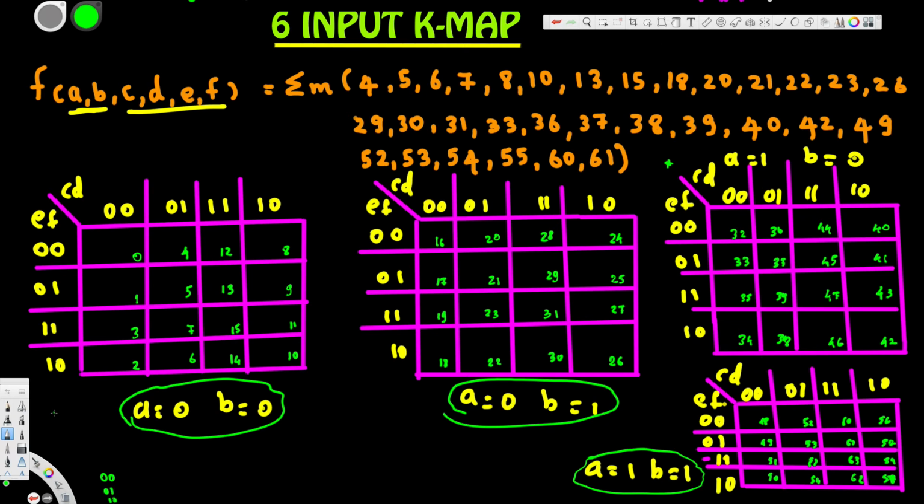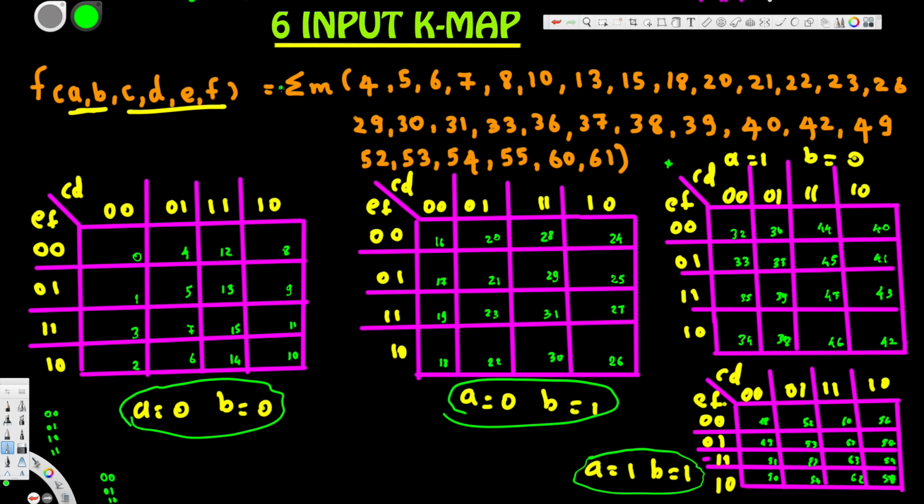Because it goes like 00, 01, 10, 11, so 11 is the biggest number. So we wrote the numbers faster, but it doesn't mean this is after this, because this is going to go on top of this one. After this we have this one. That's all we have to know.